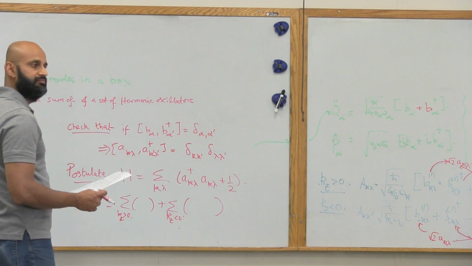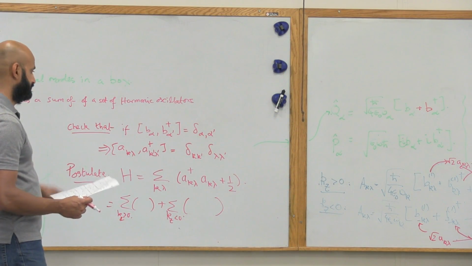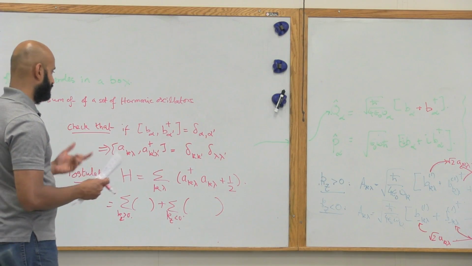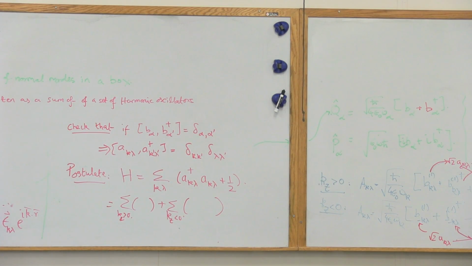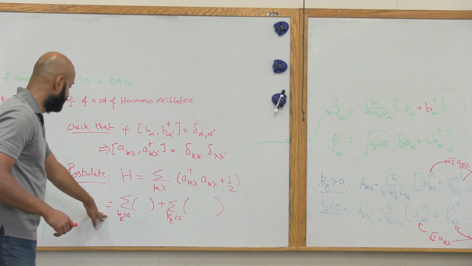Maybe I should just skip that because, although it looks complicated, it's really just following through all the algebra. So I'm going to skip that, even though I have it here, because I want to move on to what I really want to talk about. The proof is basically, as I just said, along these steps.